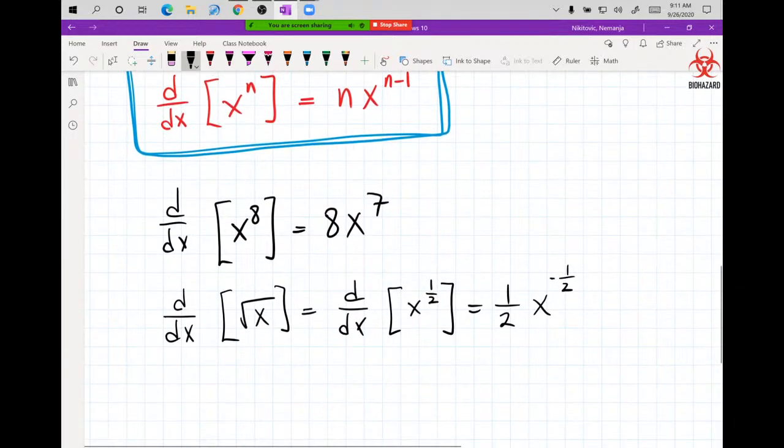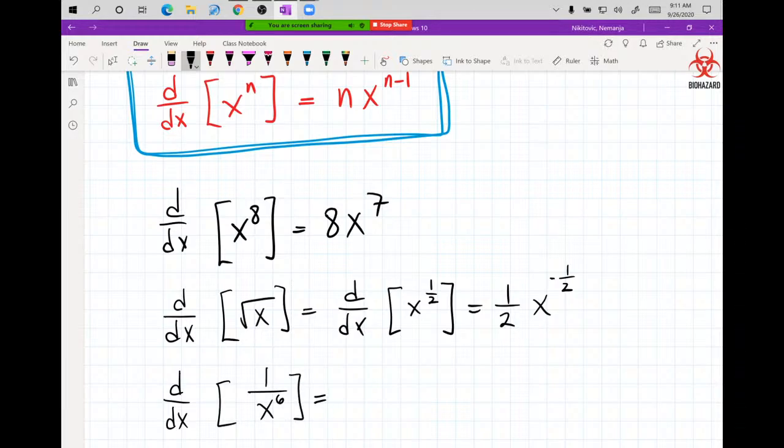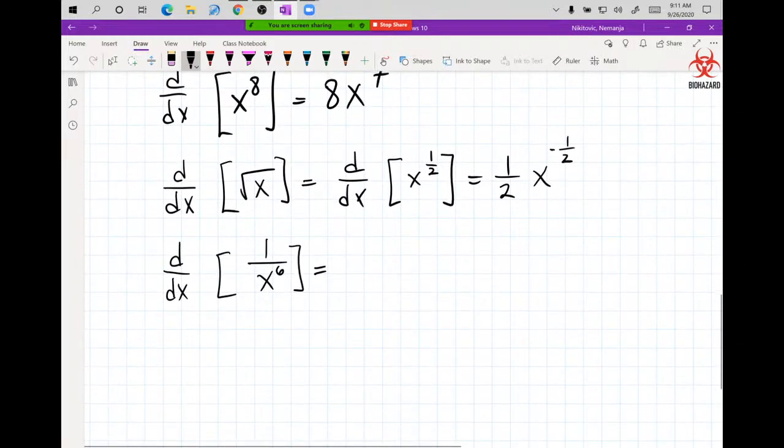And finally, how about the derivative of 1 over x to the 6? Will it be negative x? No, negative 7x to the negative 8. Negative 7, because you're subtracting. So let's copy it first.